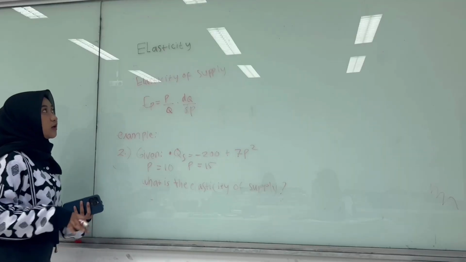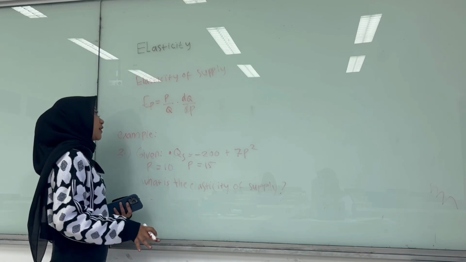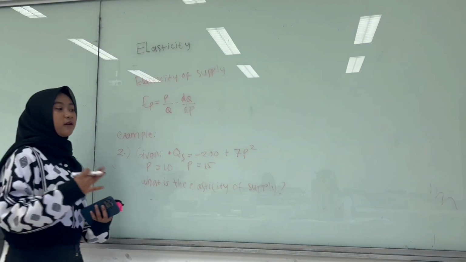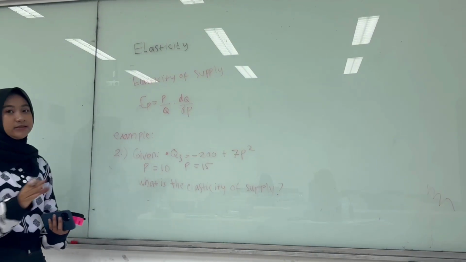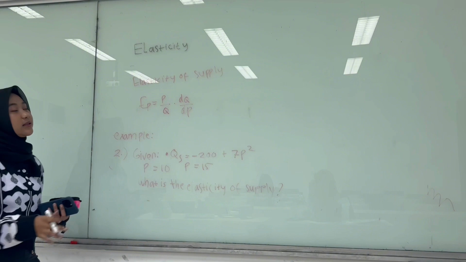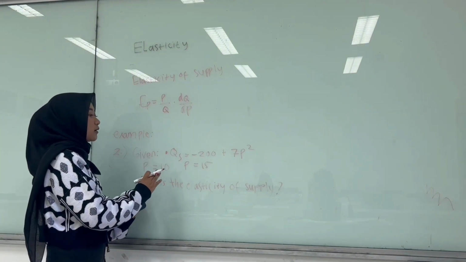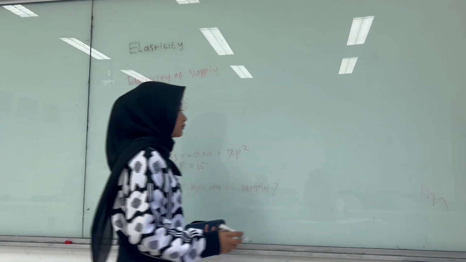The next one in elasticity is elasticity of supply. Actually, the conclusion of how we solve this equation is the same as the elasticity of demand. So maybe we can move to the example.